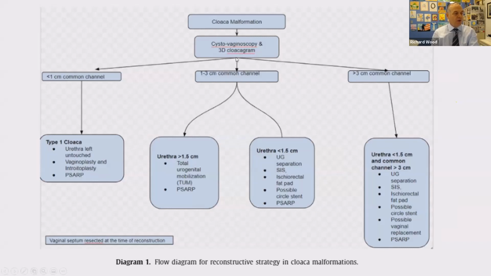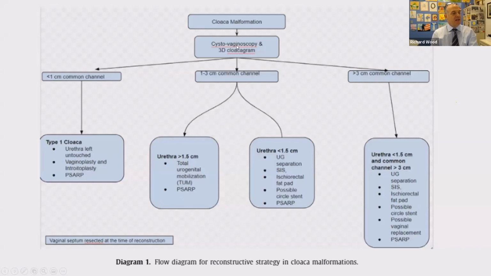At that point, we have to make a decision as to what the length of the common channel is and the length of the urethra. If the length of the common channel is less than 1 centimeter, we can leave the urethra alone and we can just do a vaginoplasty or an introitoplasty and a PSOB. So that we call a type 1 cloaca.